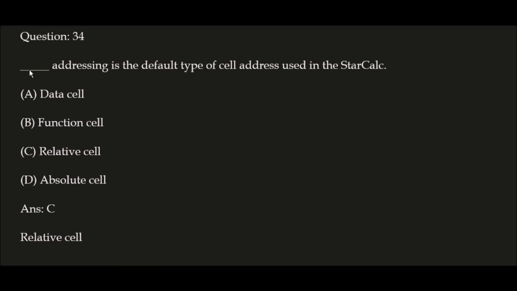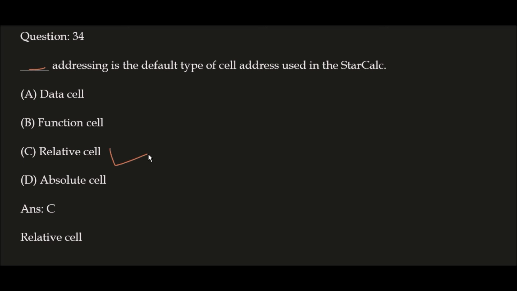Next question, blank space addressing is the default type of cell address used in the Star Calc. Option A, data cell. Option B, function cell. Option C, relative cell. Option D, absolute cell. Correct answer is option C, relative cell. Okay. Relative cell addressing is the default type of cell address used in the Star calculator.